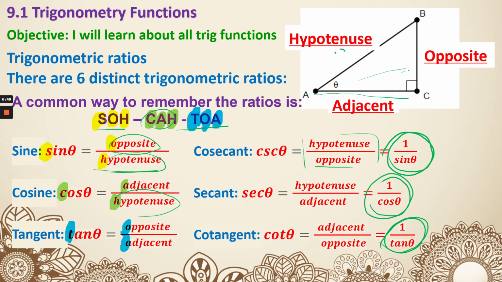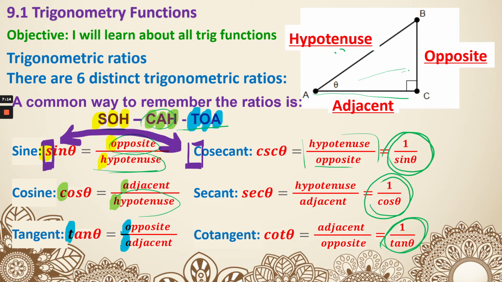So that's how SOH CAH TOA works, and you might want to start repeating it whenever you do a question to find the ratios. Just repeat SOH CAH TOA, it should help a lot. Next, here's what I want to mention. If you look at the letter S, it is together with the letter C, and they are reciprocals.